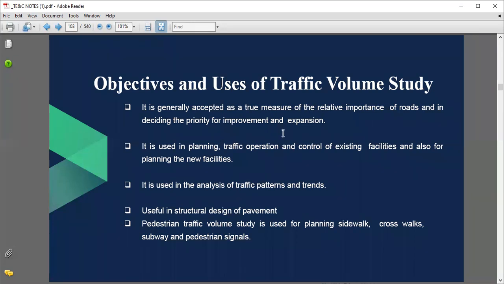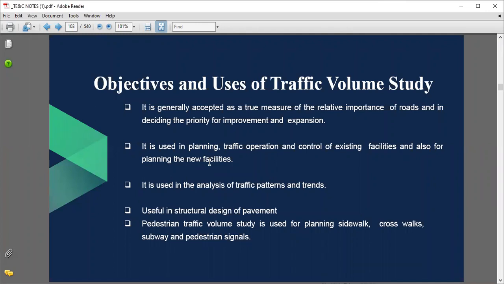Next, it is used in planning traffic operation and control of existing facilities, and also for planning new facilities. On the roads, signs and signals are provided, which indicate the different signals on time.